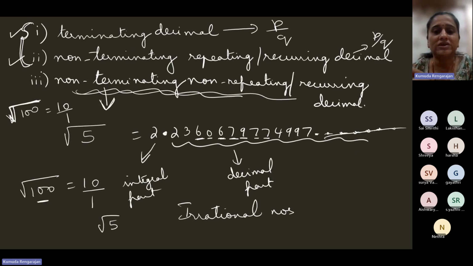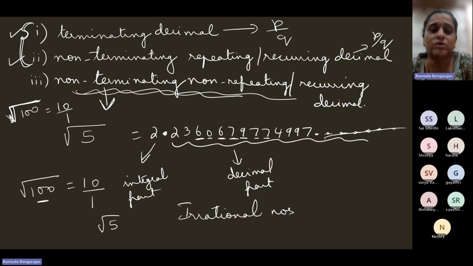Rational numbers have two types of decimal expansions: terminating decimal expansion or non-terminating repeating decimal expansion. Irrational numbers have a non-terminating, non-repeating decimal expansion. And from where do we get terminating and non-terminating repeating decimals?